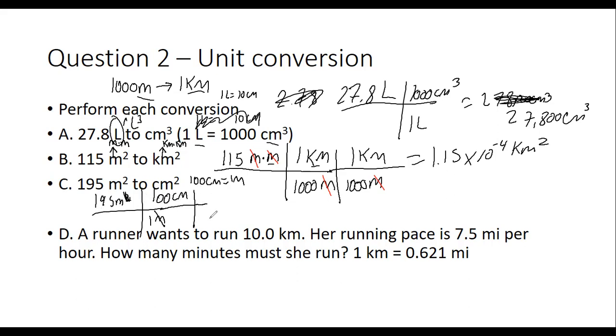Do that again. 1 meter is 100 centimeters. Meter cancels out. Meter cancels out. My unit is cubic centimeters now. That's exactly what I want. And the answer is 195,000 cubic centimeters.